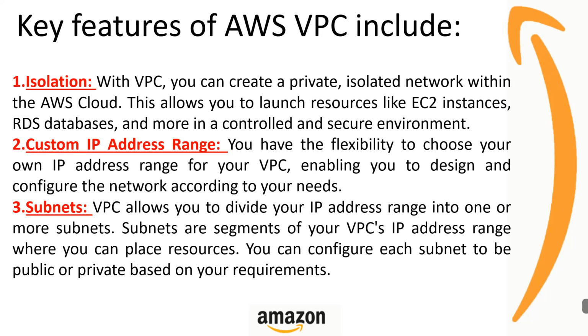This is the definition of a subnet. We can say this is our private subnet and this is the public subnet. Public subnet means we can access it from outside, and private we cannot access from the outside. So this is the subnet part.